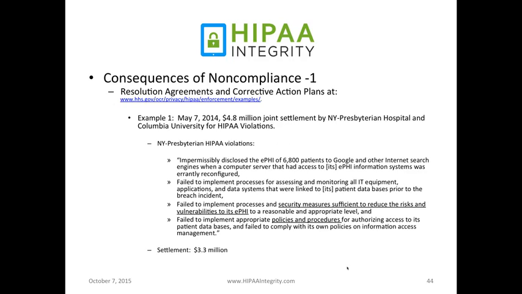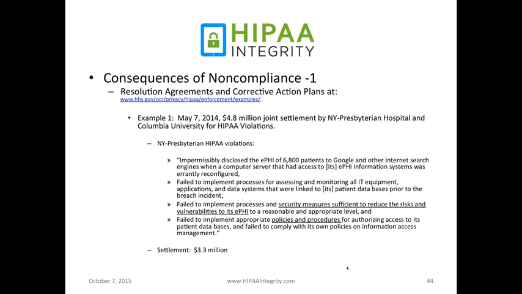The consequences of noncompliance: you can go to this website that the Office for Civil Rights maintains. These are settlements. To date, there have been no violations that have been penalized. They're all entitled mutual settlements for violations.